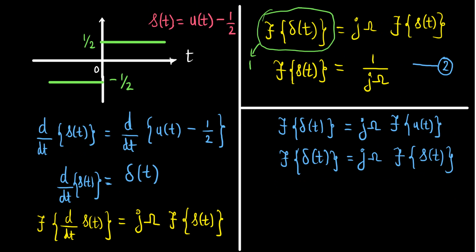Whereas if we have a look at this signal, that is s of t, the average value or the DC value here is 0. What I mean to say is that the Fourier transform of u of t at omega equals 0 may not be 0, whereas the Fourier transform of s of t at omega equals 0 will be 0.